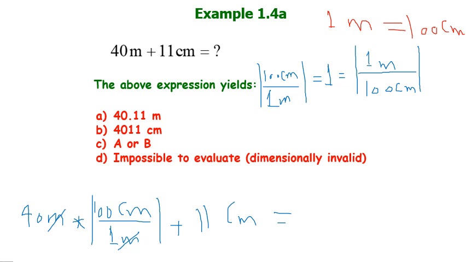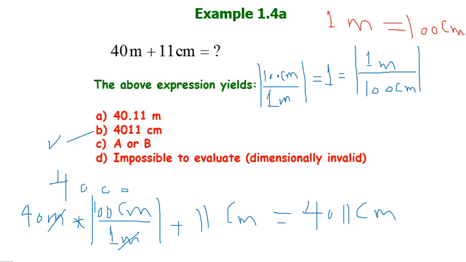So we have here 40 times 100 plus 11, so it will be 4,011 centimeter. If we want to cancel the meter, this number B will be right.